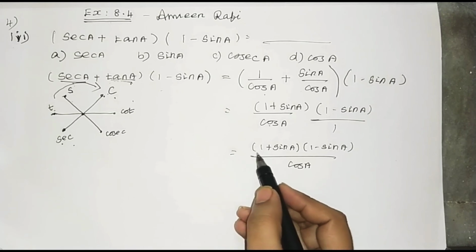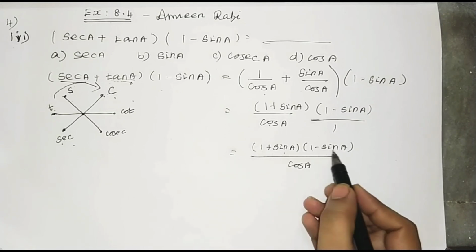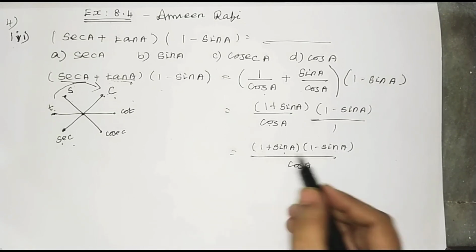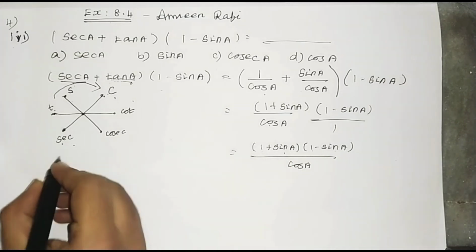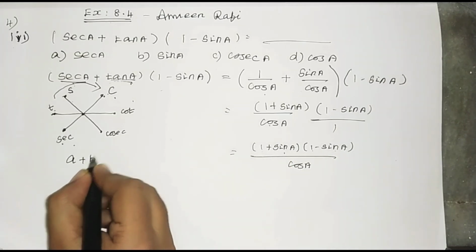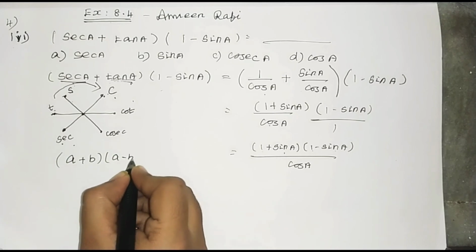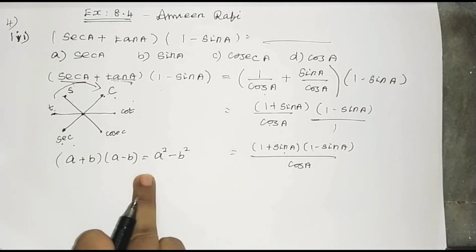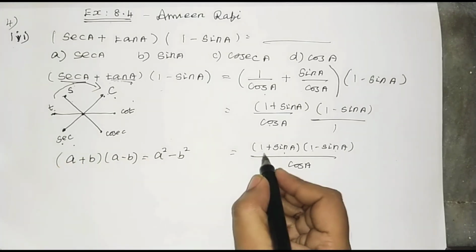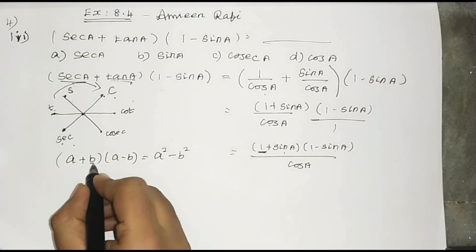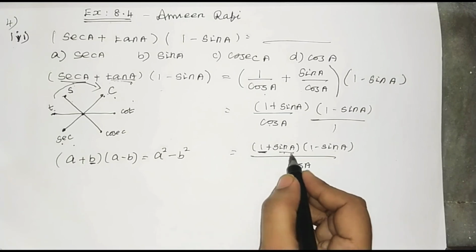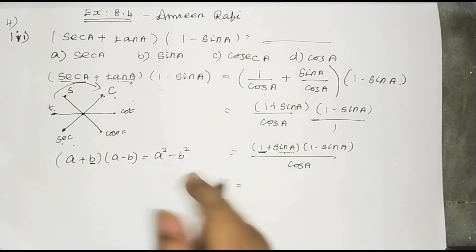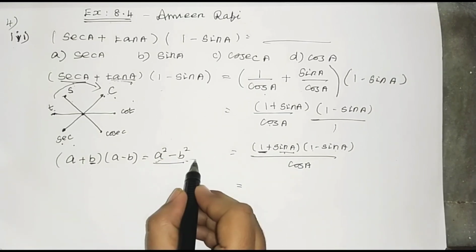Already you know very well, 1 plus sin A and 1 minus sin A. Which formula can we use? (A plus B)(A minus B) equal to A square minus B square. So instead of A you have to consider 1, instead of B you have to consider sin A. So use this formula A square minus B square.